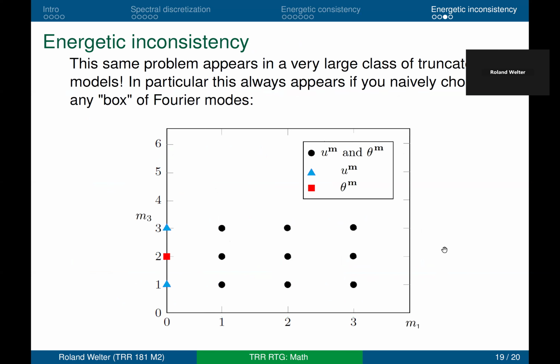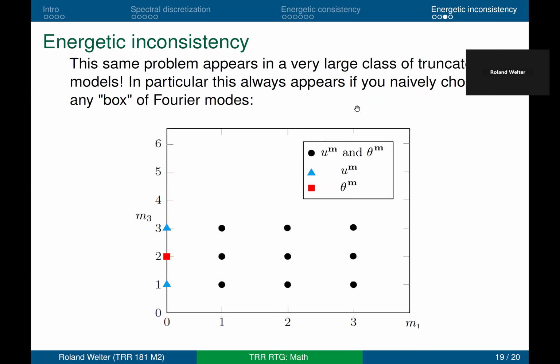Now, we can prove that this same problem with numerical blowup will occur in a very large class of truncated models, which are energetically inconsistent. We hesitate to say that this always occurs for energetically inconsistent models, although it might be the case.